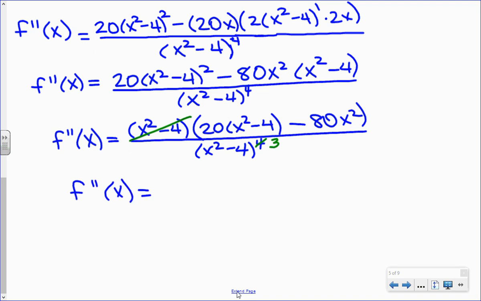So what we're left with is x squared minus 4 cubed in the denominator. And our numerator, this is 20x squared minus 80x squared, and then we have 20 times negative 4.